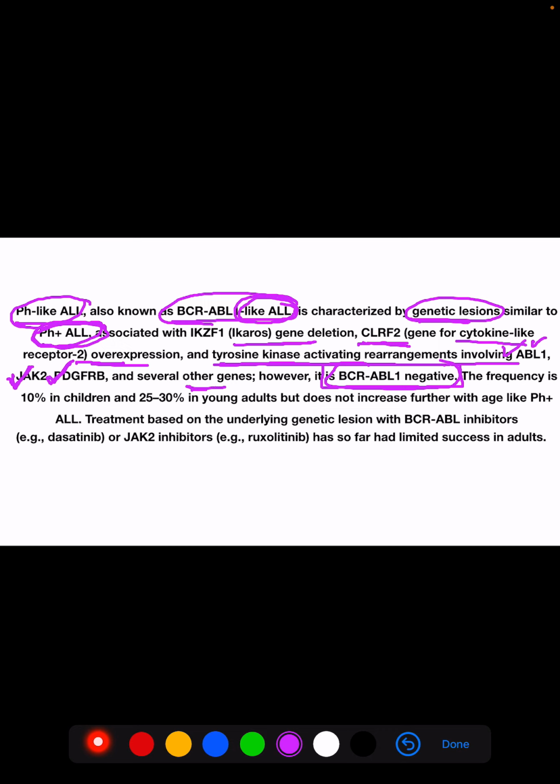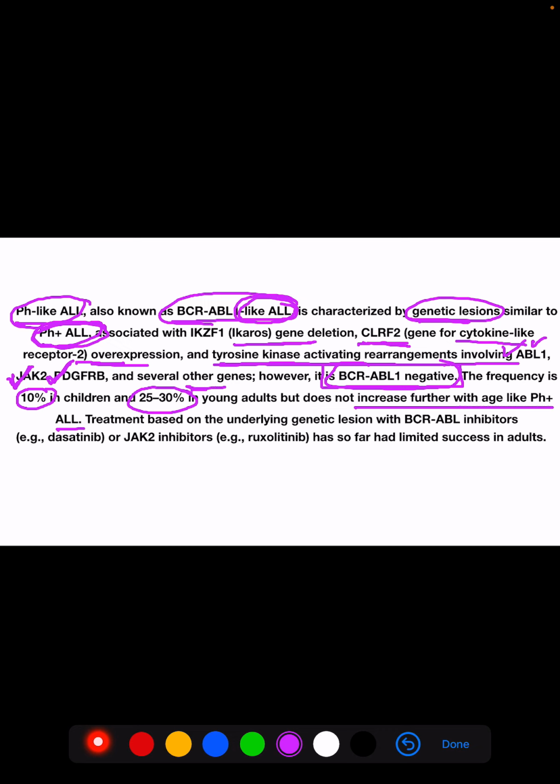So what is the frequency of this Philadelphia-like ALL? It is 10% in children and 25 to 30% in young adults, but does not increase further with age, unlike Philadelphia positive ALL.